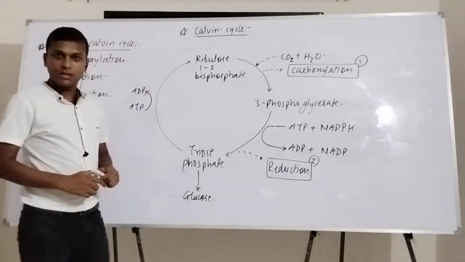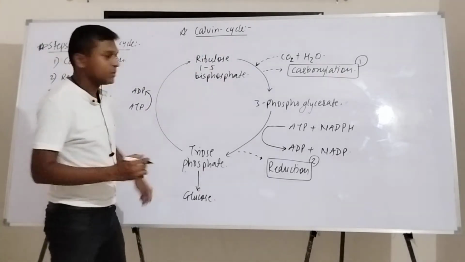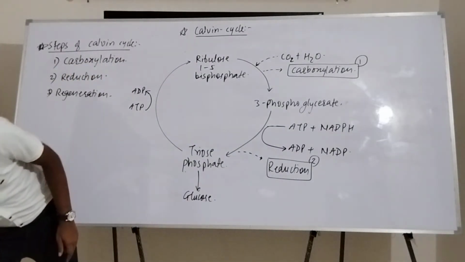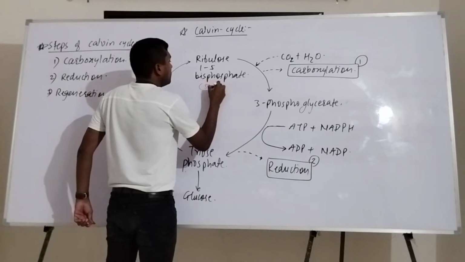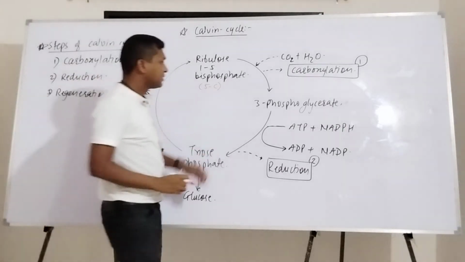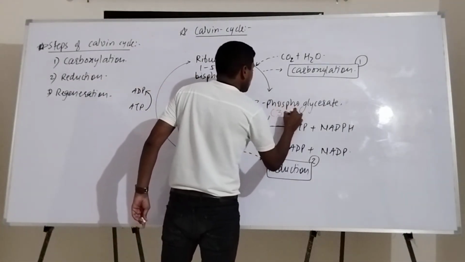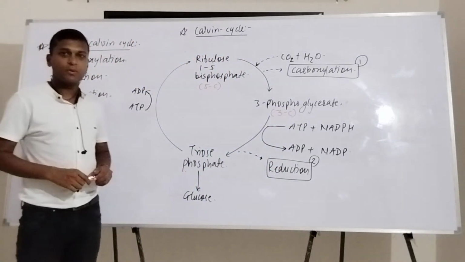Why is it called the C3 cycle? Very simple reason. This ribulose bisphosphate molecule is a 5 carbon containing compound, and this 3 phosphoglycerate is a 3 carbon containing compound. Are you getting my point?